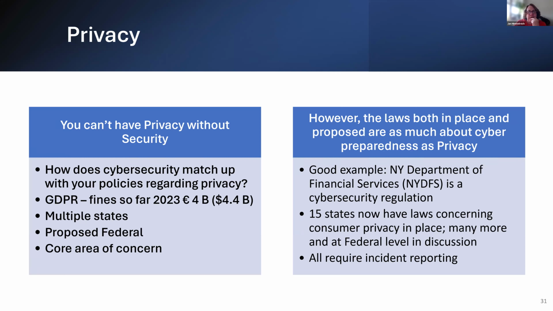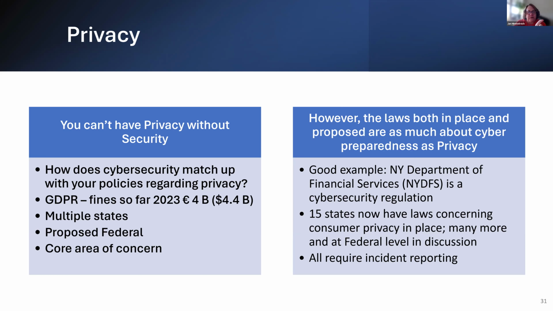And I wanted to mention also, we've said this before, but you really can't have privacy without security. Today there are privacy laws popping up all over the place in the US. And if you are global and you do any import or export, think about GDPR, which is the European standard.